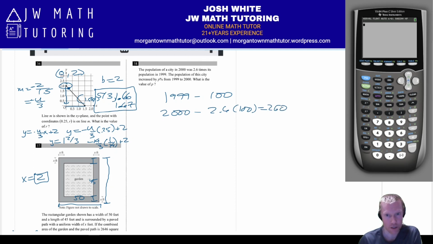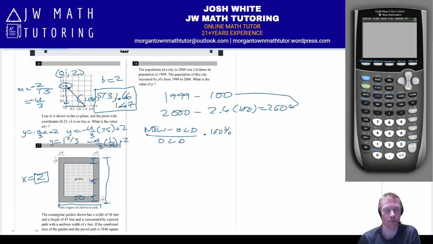So the population increased by p% from 1999 to 2000. What's the value of p? So this is really just asking what's the percentage increase if you start at 100 and you end at 260. So that's going to be new minus old divided by old, and then times 100 to put it in a percentage.